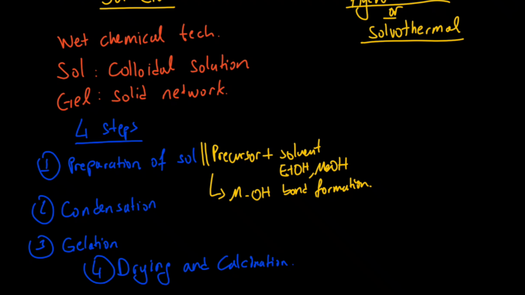In the second step, the formed metal hydroxide bonds undergo condensation, and metal-oxygen-metal bonds form. So this is simply a condensation reaction, and this process releases water or an alcohol.